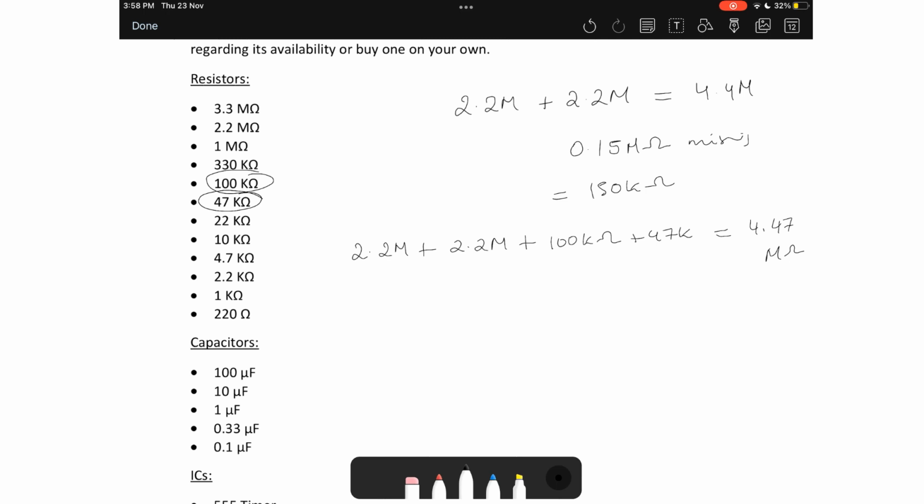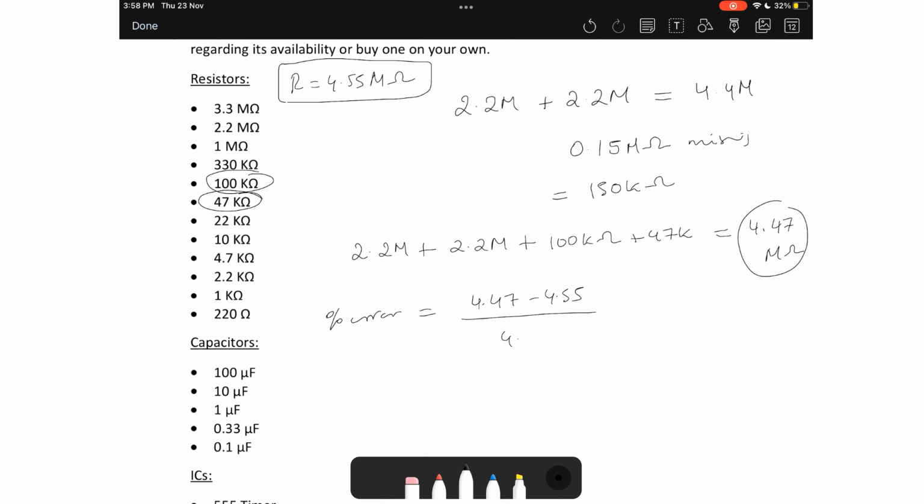So I'll just subtract the two resistance values and divide it over the original resistance value, which is 4.55 mega ohm, times 100 to find the percentage error, which will be equal to around 1.8%, which is less than 5% error if this was the requirement, and it's a reasonable amount of error.